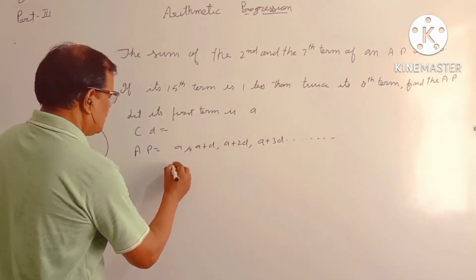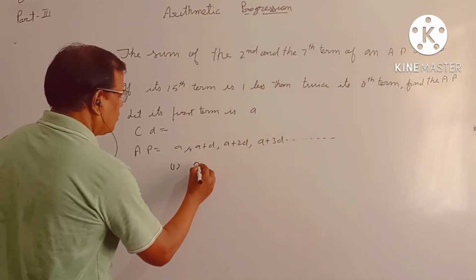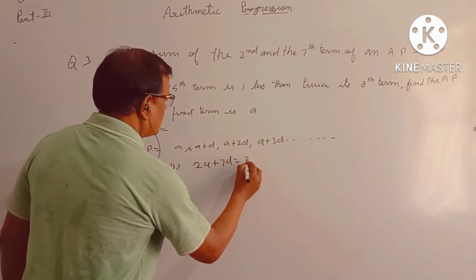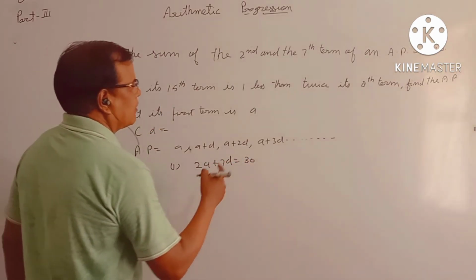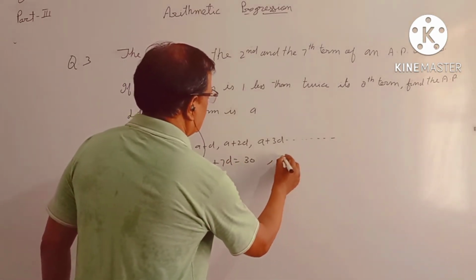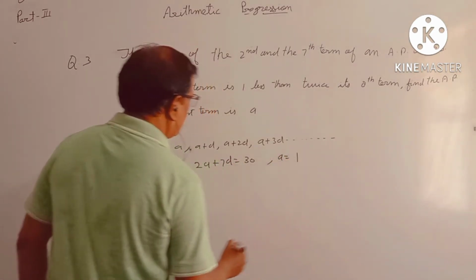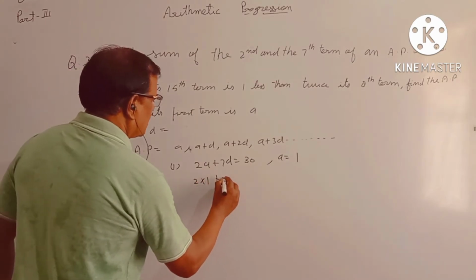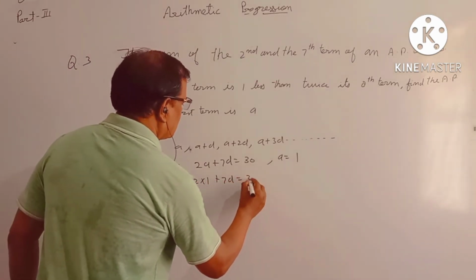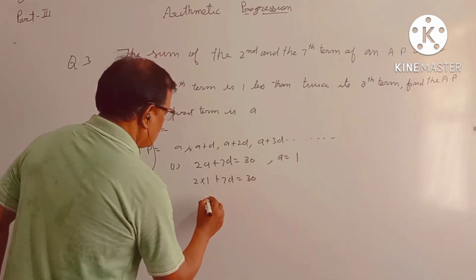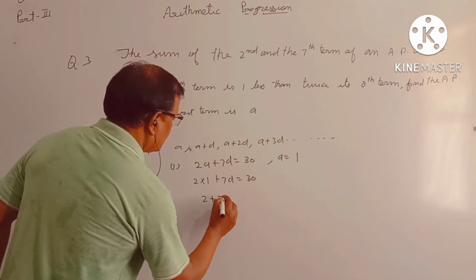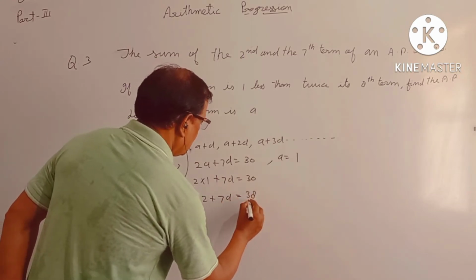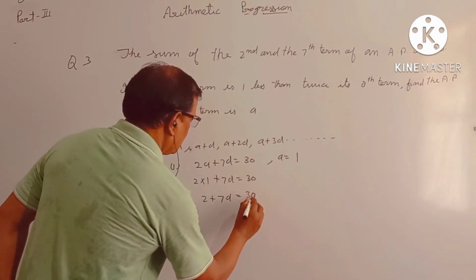As the first equation is 2A plus 7D equal to 30, we put the value of A that we found, A equal to 1. Now 2 into 1 plus 7D equal to 30. Now 2 plus 7D equals 30.